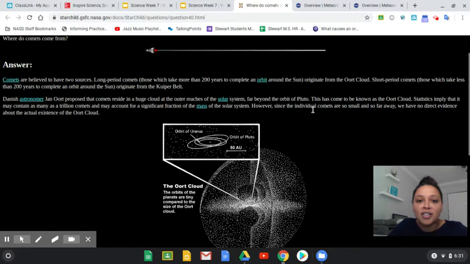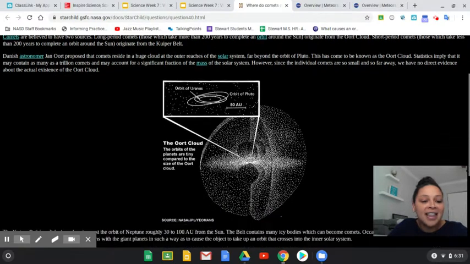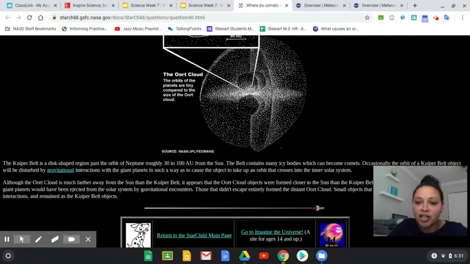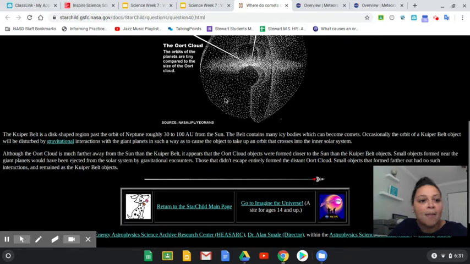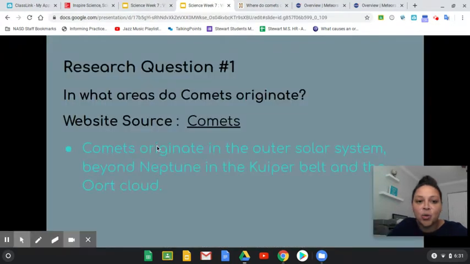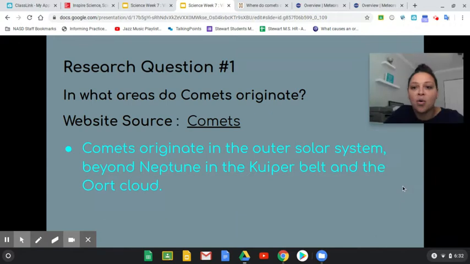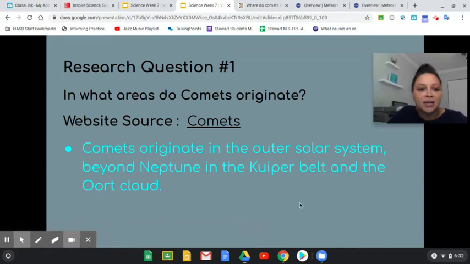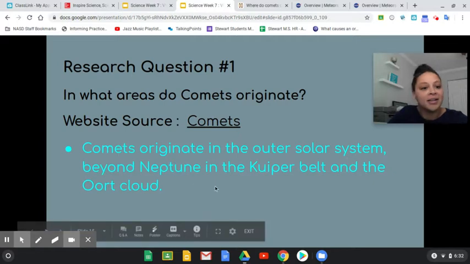And then I also read on and found that the second location of where they originated from is past Neptune, and it's called the Kuiper Belt. And so those two places answer my research question, where do they originate? So comets originate in the outer solar system beyond Neptune, in the Kuiper Belt and the Oort cloud.